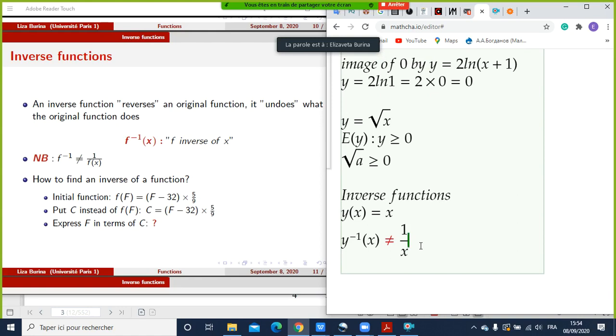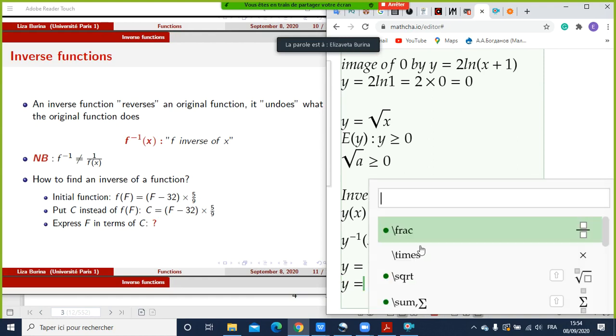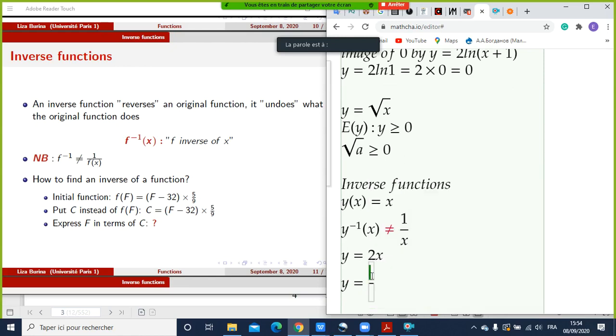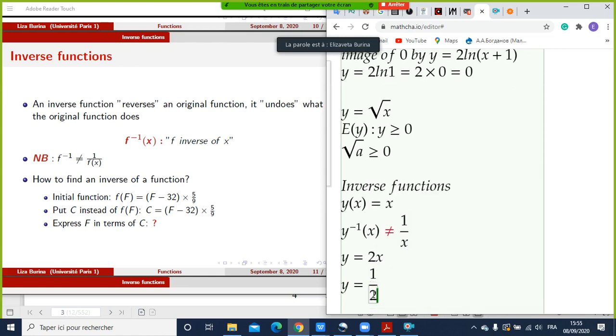And first of all, how should we actually understand inverse? Well, it's quite simple. For example, let's take y equals 2x. An inverse of this function would be y equals 1 over 2 times x.